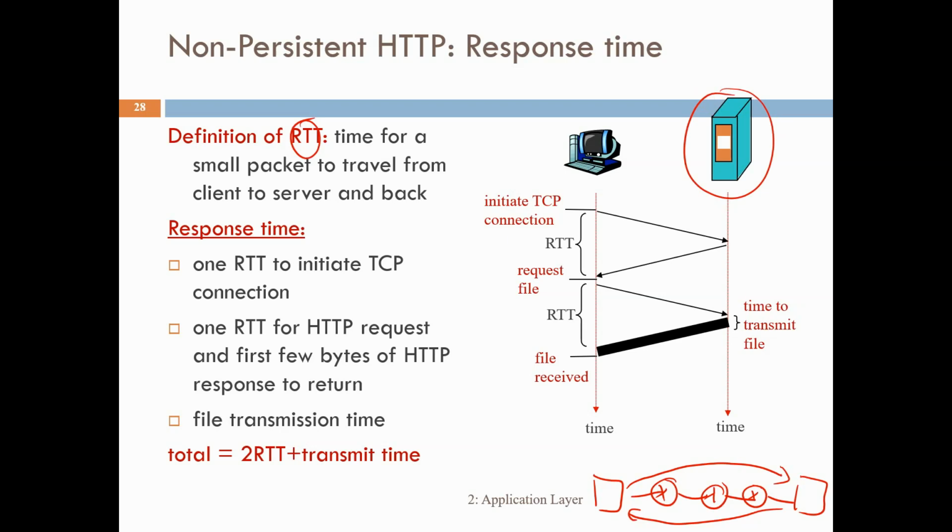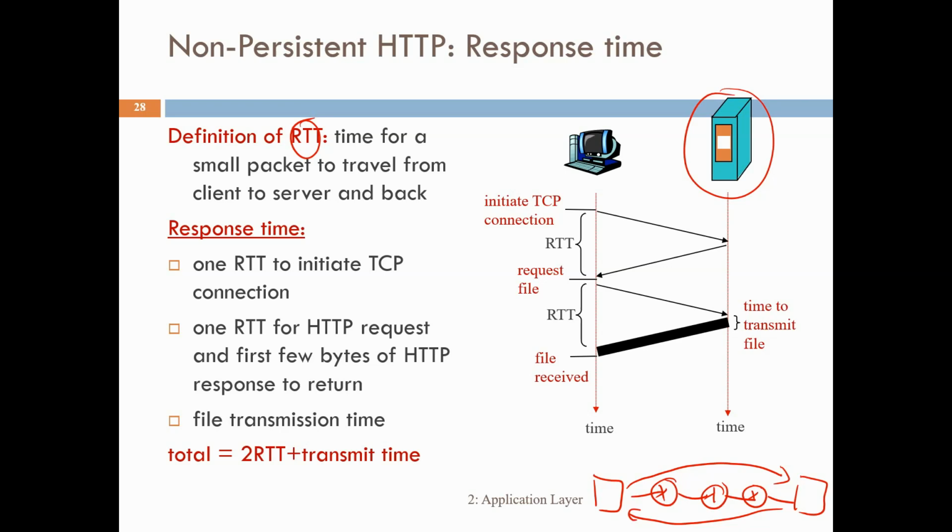Such a small packet is, for example, the TCP connection request and response. So the round trip time would be the time taken for the TCP connection request to travel from the client all the way to the server and for the response to come back. This total time is called the round trip time.